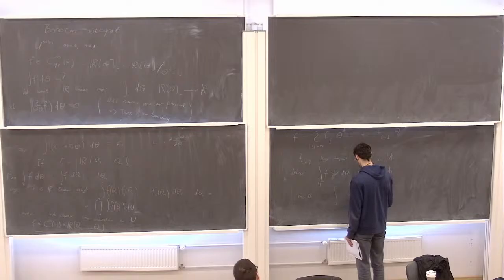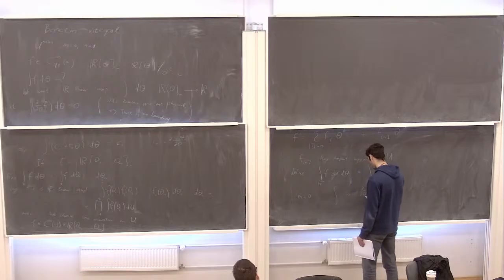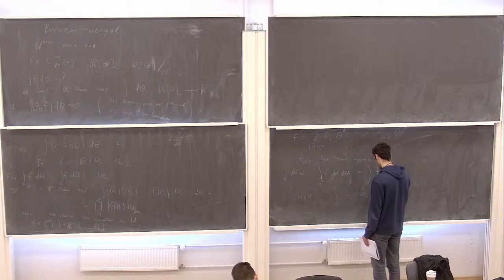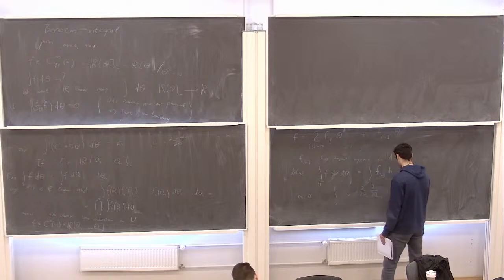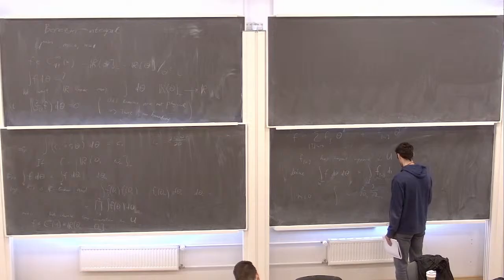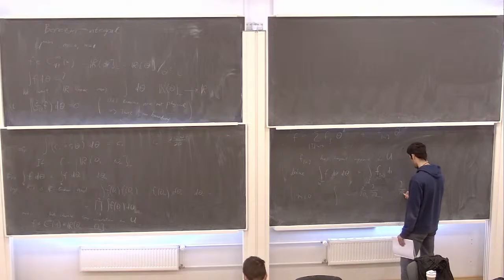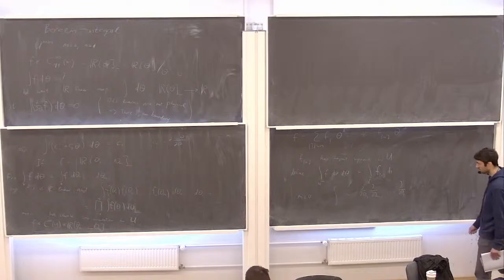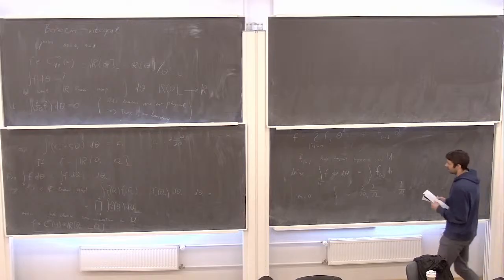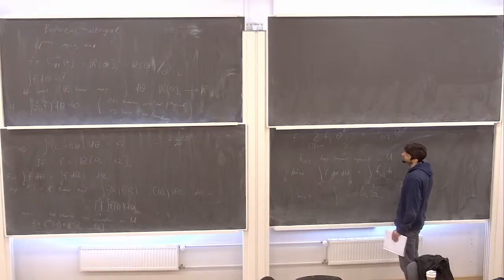It's d over d theta n, d over d theta n minus 1, ... d over d theta 1. Right? So like that. Okay.